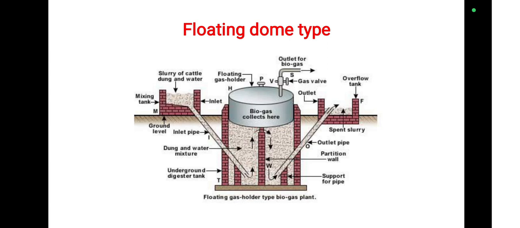The gas pushes the manure to the outlet tank. From the outlet tank the manure is collected and may be used as fertilizer for agricultural purposes. So this is the working of the floating dome type biogas plant.